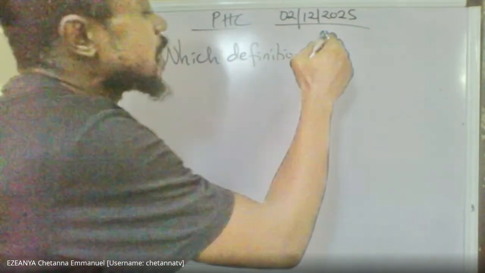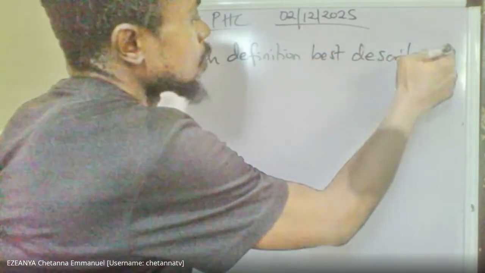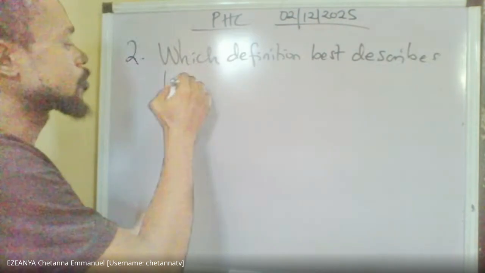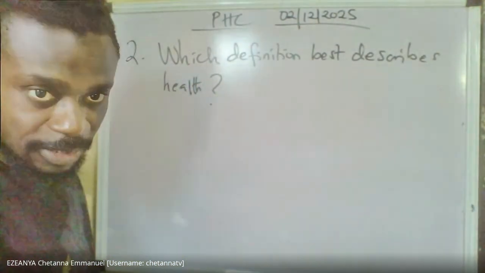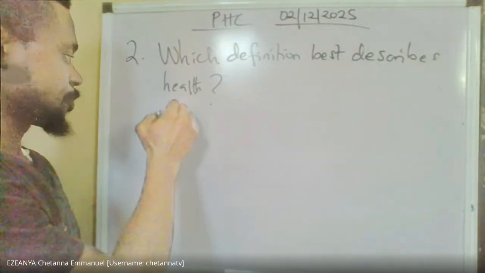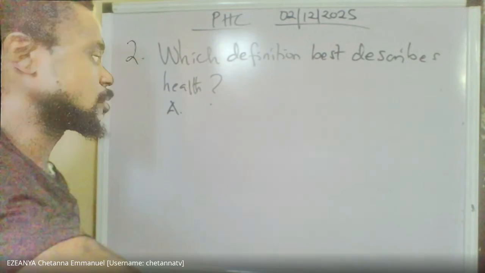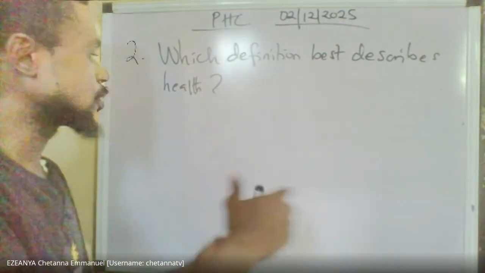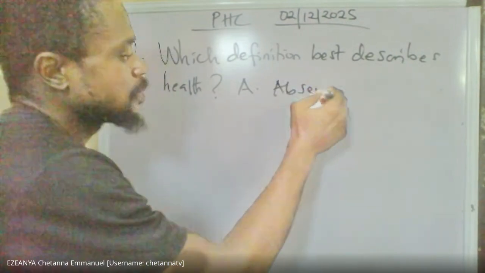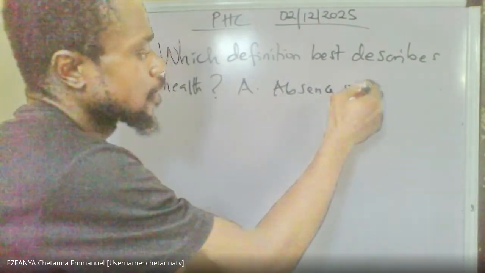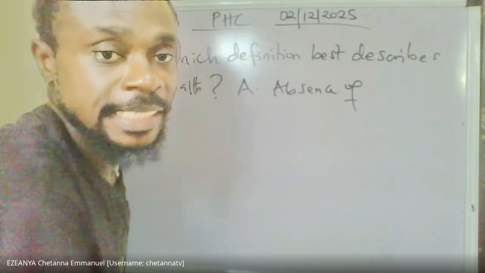Which definition best describes health? A, absence of disease.